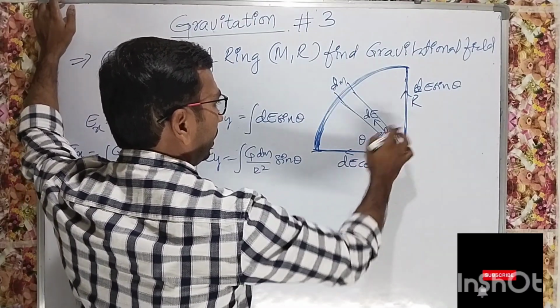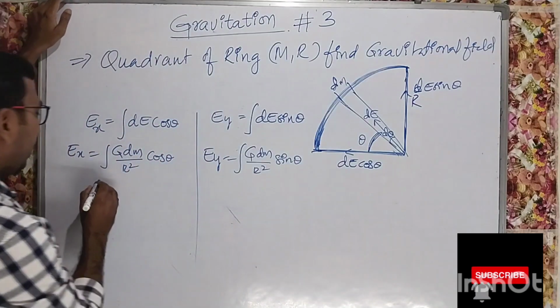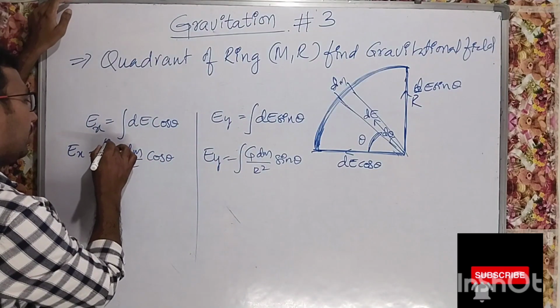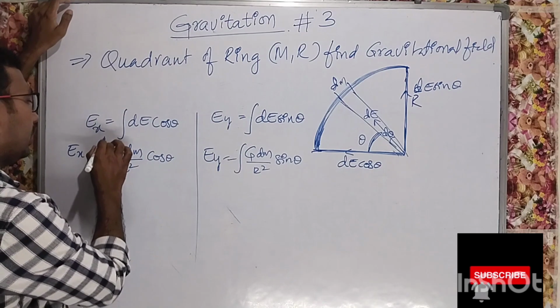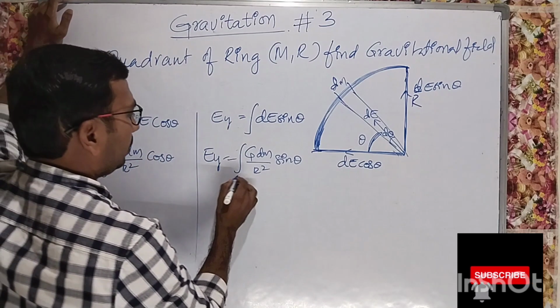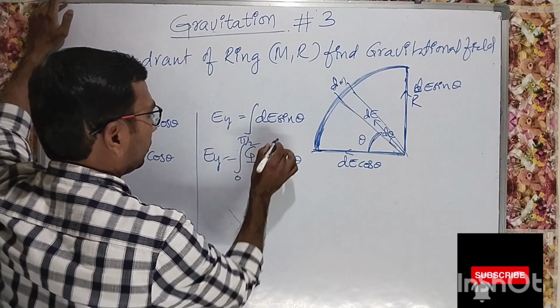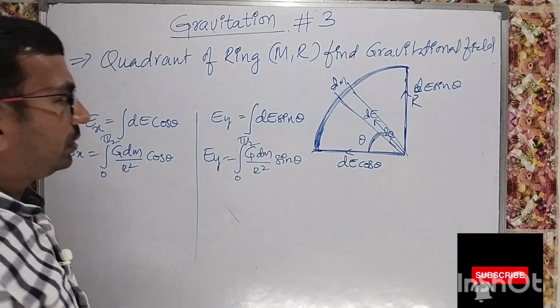The angle is 90 degrees, so for the gravitational field the limits are 0 to 90, that is, 0 to pi by 2. Now what is dm? We can find the dm value.